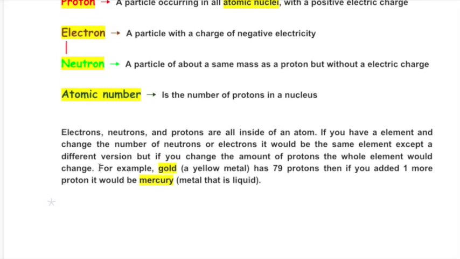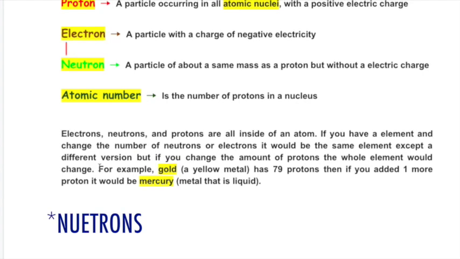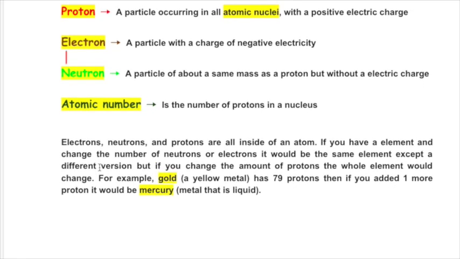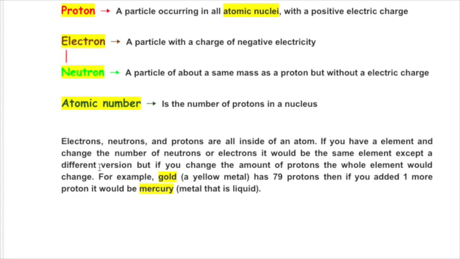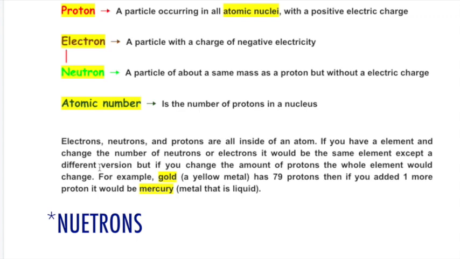Protons, electrons, and neutrons are the very core of an atom. Some people think an atom is the smallest thing, but no, protons, electrons, and neutrons are what build an atom up.